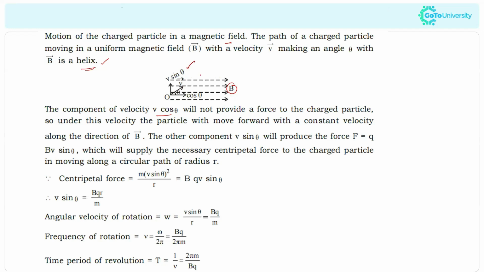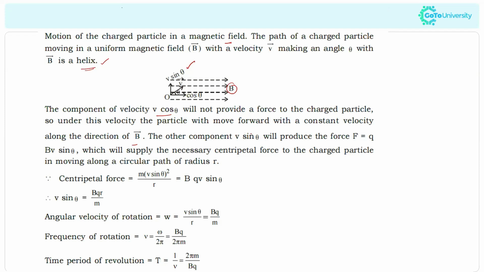We will not take v cos theta, as I said already, because v cos theta will not provide the force to the charged particle. So the particle will move forward with a constant velocity along the direction of the magnetic field.